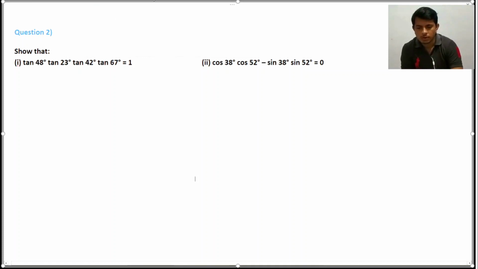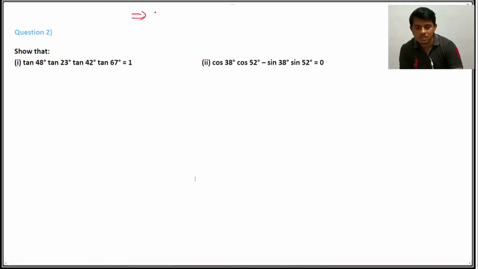It's very easy. First of all, we already know the trigonometric ratios of complementary angles. Let me remind you which relations we already know.